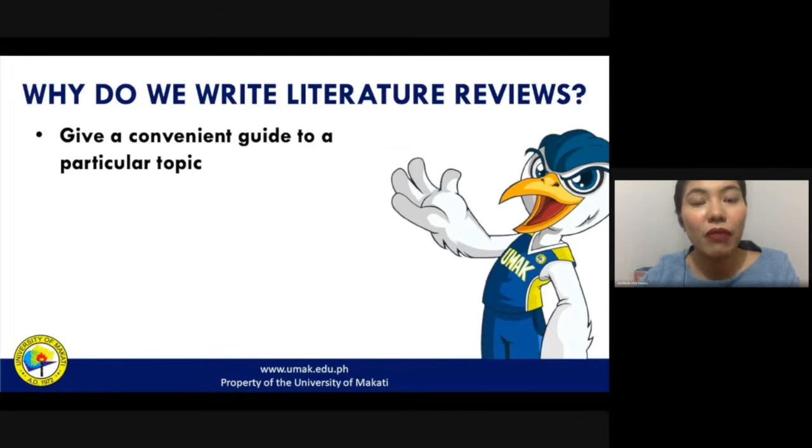Other people might find it difficult to understand, particularly information that is not written in layman's terms. So, a literature review enables those types of readers to have a brief background, a brief idea of what that particular topic is that is being discussed.